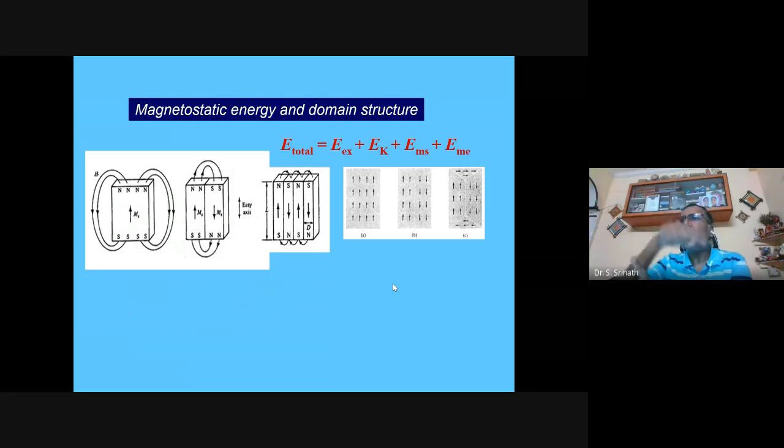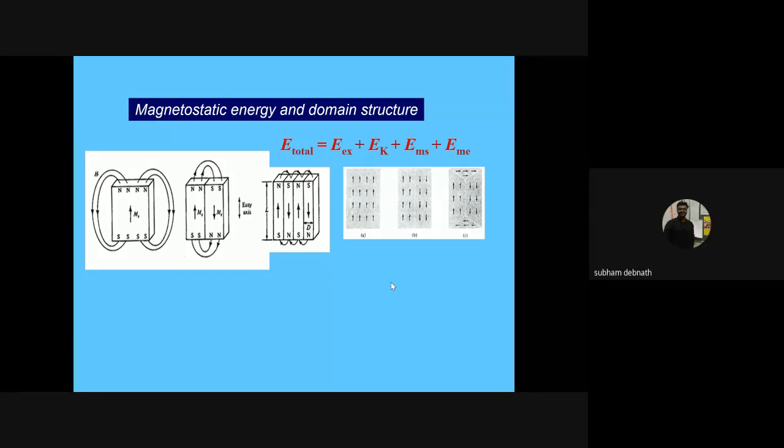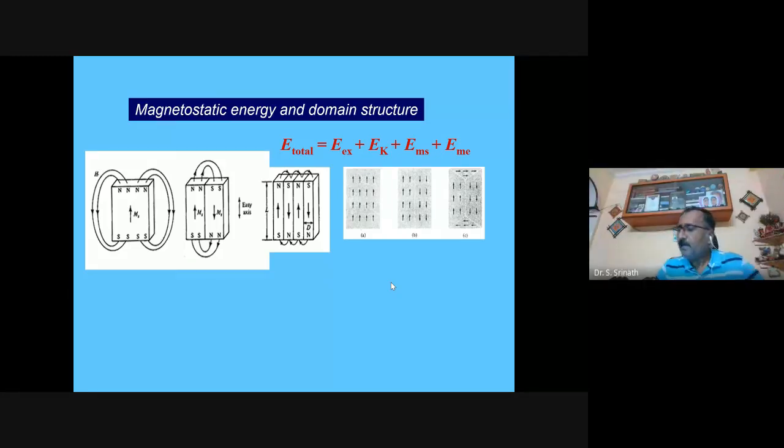I am neglecting the others because I am considering only the nearest neighbor interaction. So the total energy associated with this 3 spin system is minus 4J S square. Did you arrive at this? How many of you arrived at this? Yes, sir. Right.